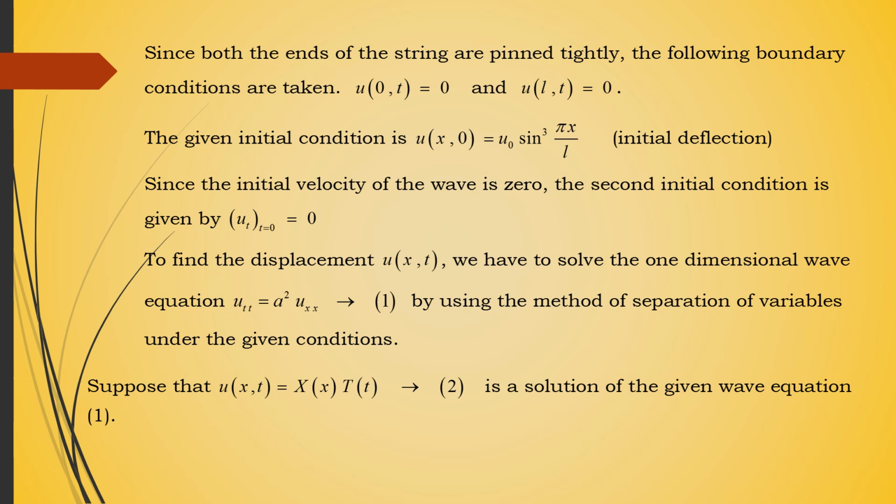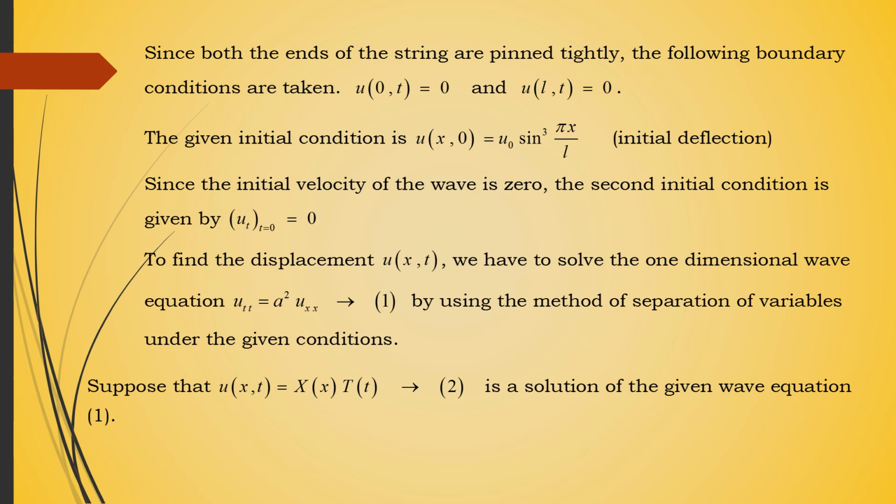This problem is governed by the one-dimensional wave equation u sub tt equals a square u sub xx. We solve this second order linear homogeneous PDE by using the method of separation of variables.